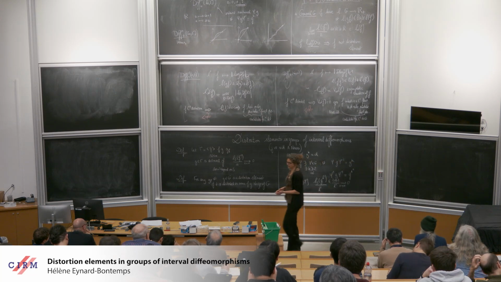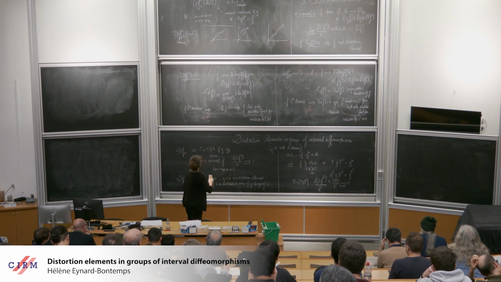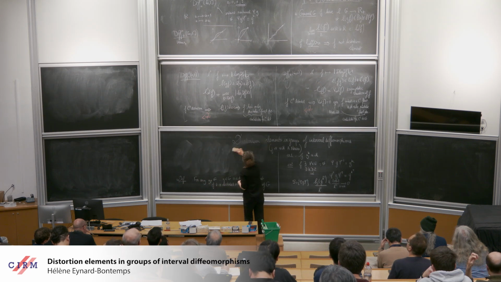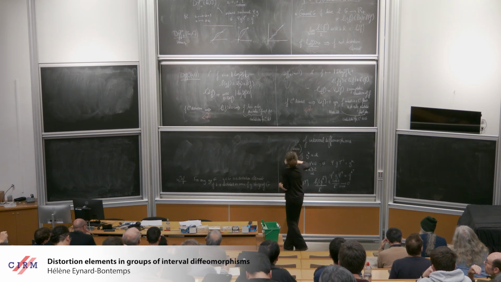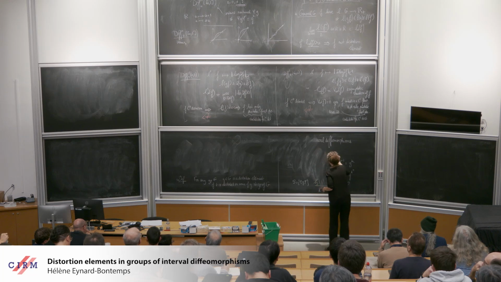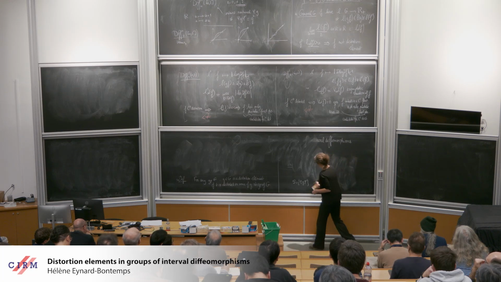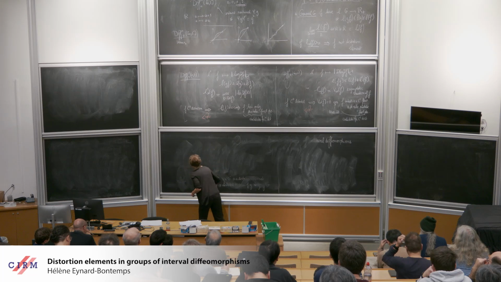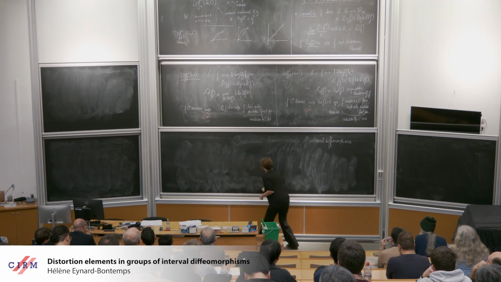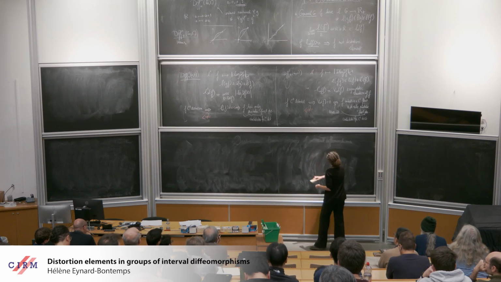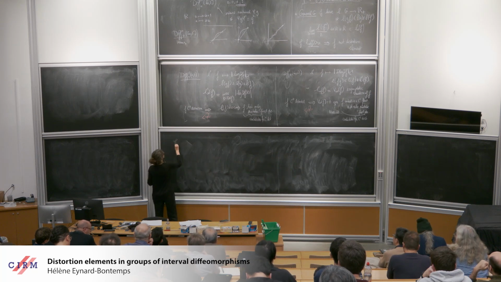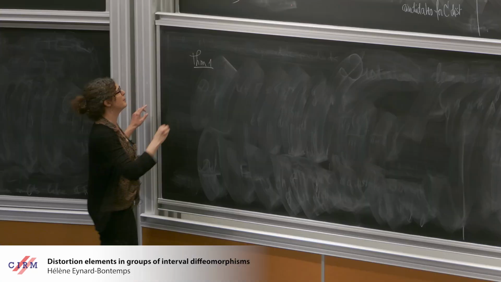So we saw at the beginning that being conjugated to a positive power of oneself is a sufficient condition for distortion. So the first observation is that, and this is all joint work with Andres, I just erased it.